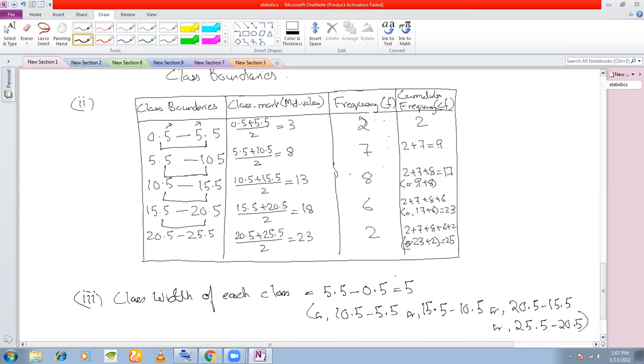But whatever difference you take, the class width will be the same for each, which is 5. Any question, or I'll stop here.